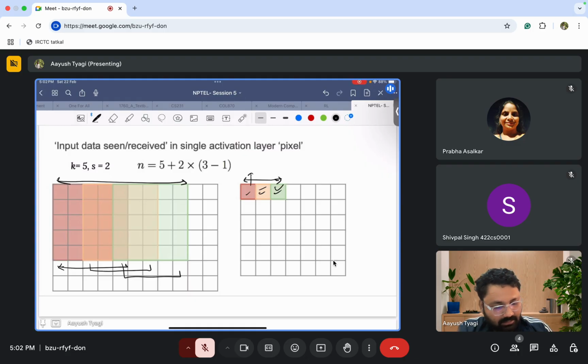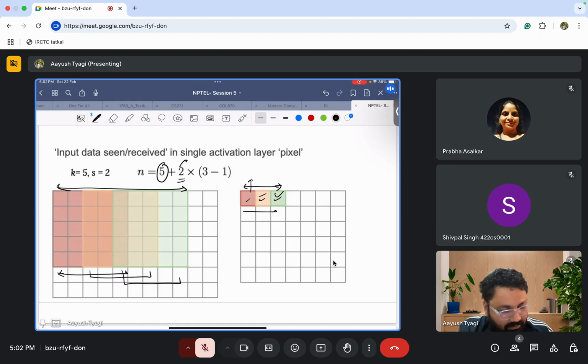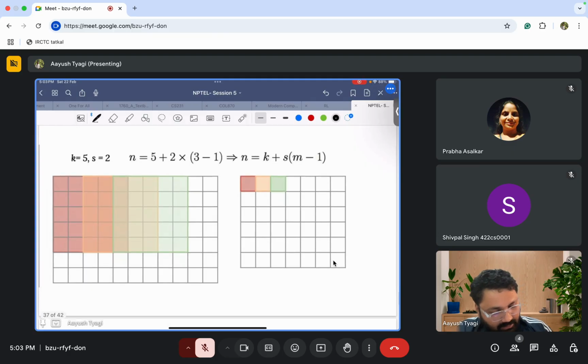And if you want to put it into some sort of a formula, then k, so this 5 is basically the filter size, 2 is basically the stride, and 3 is basically the number of adjacent neurons. We can actually generalize it into this form. So the receptive field for any m adjacent neurons in the previous layer can be given using this formula.